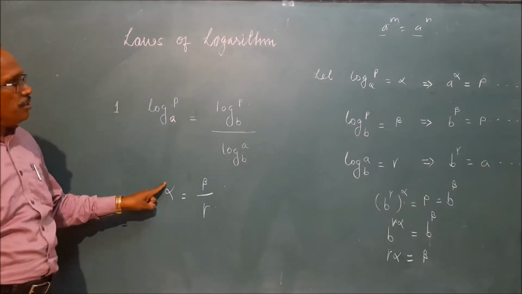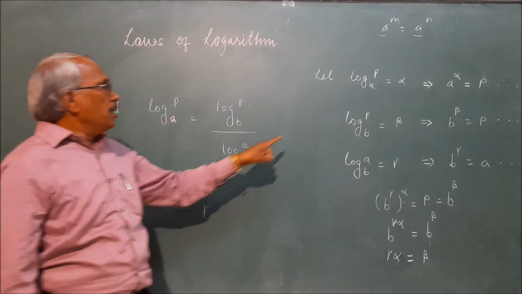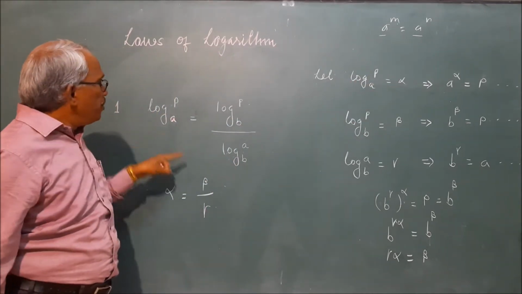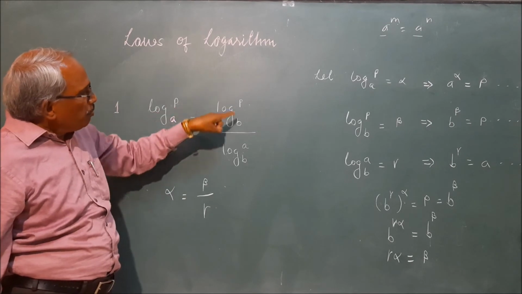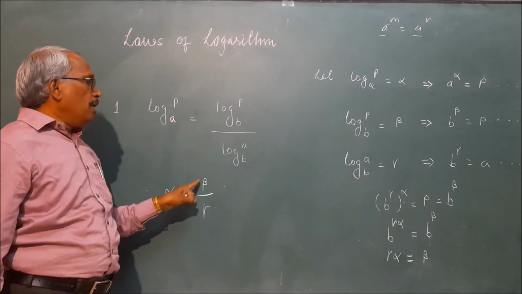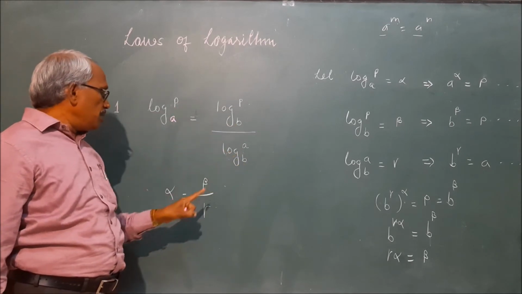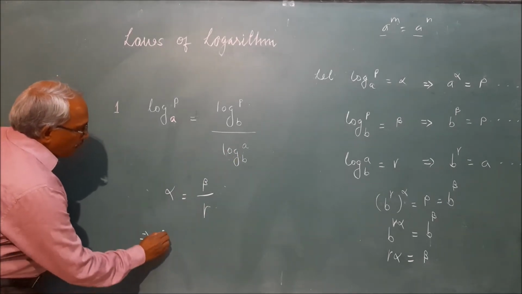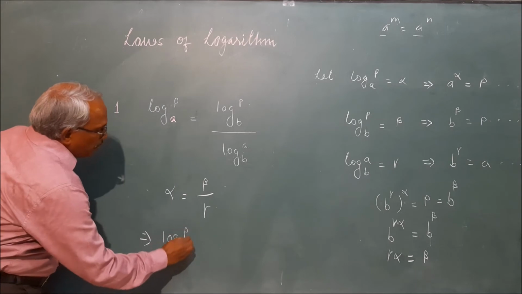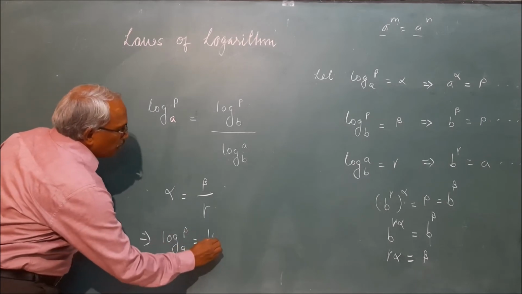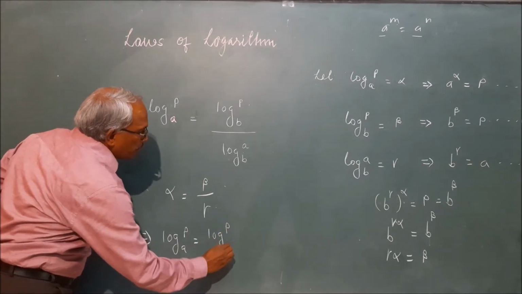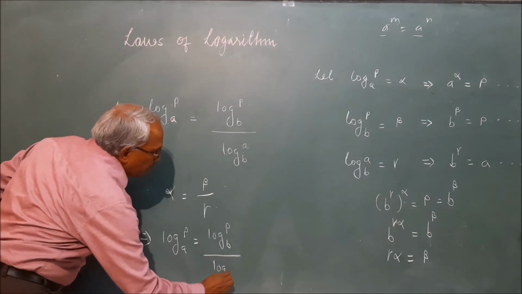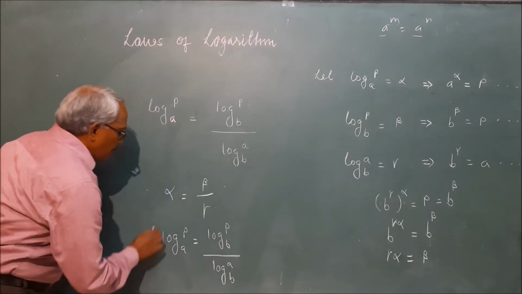So what does alpha mean? Alpha means log of p to the base a, beta means log of p to the base b, and gamma means log of a to the base b. So this implies log of p to the base a is equal to log of p to the base b upon log of a to the base b.